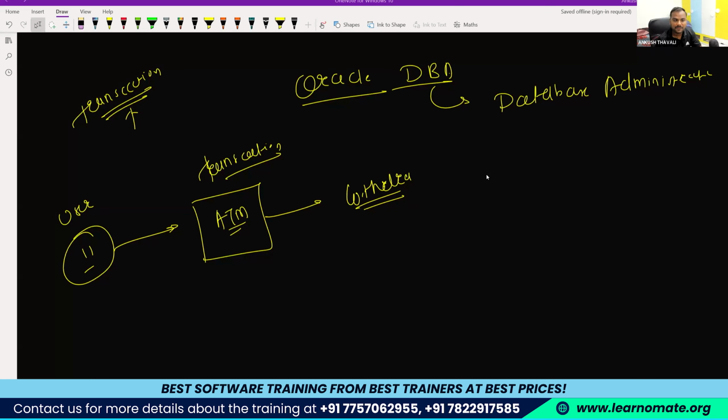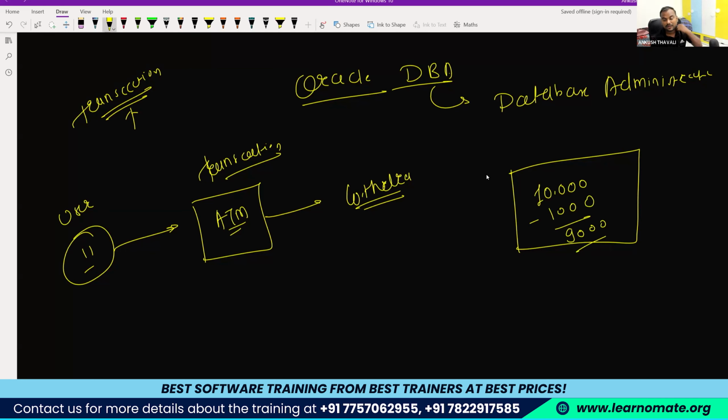The amount will be withdrawn, so basically you will get the cash, and that overall process we call a transaction. Let's say in your bank application you see 10,000 were there initially and you withdraw 1,000 rupees, then you can see 9,000 rupees in your bank account.